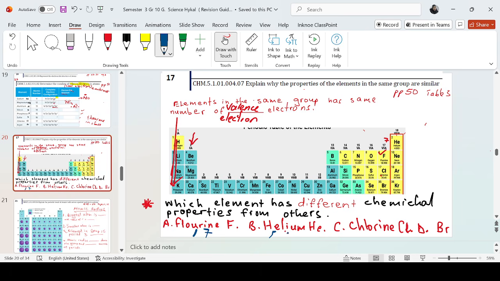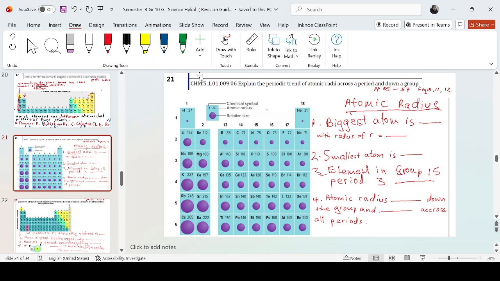Helium is group 18. Chlorine is this one, group 17. Bromine, Br, is group 17 again. So all these in group 17 have the same chemical properties. So this one is in a different group. It has different what? Chemical properties. Understand this kind of question.